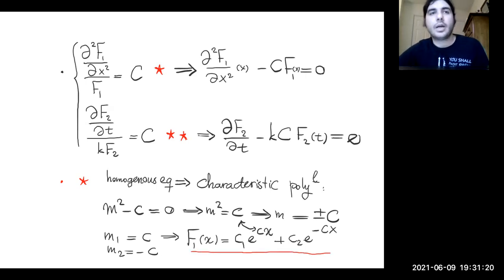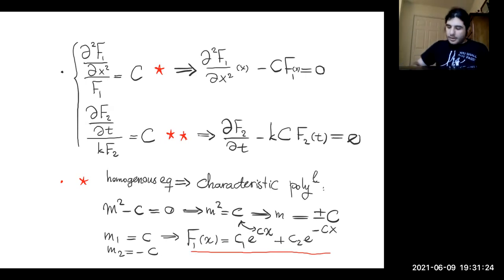Okay, that would be our f1, right? Now, there are also boundary value conditions. So let me write down the boundary value conditions. f1 of x is equal to c1 e to the root c x plus c2 e to the minus root c x. And the boundary value condition is this thing.